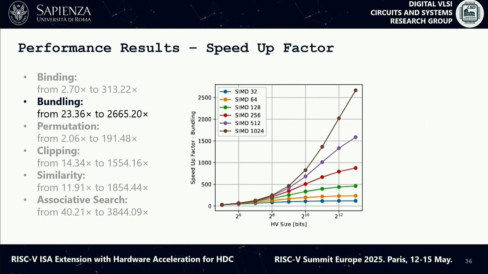The speedup factor was computed varying the hardware parallelism level. On the x-axis we have the hypervector size, and on the y-axis we have the speedup factor, and each colored curve represents the various levels of hardware parallelism.